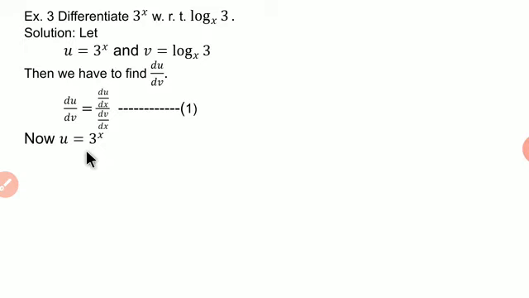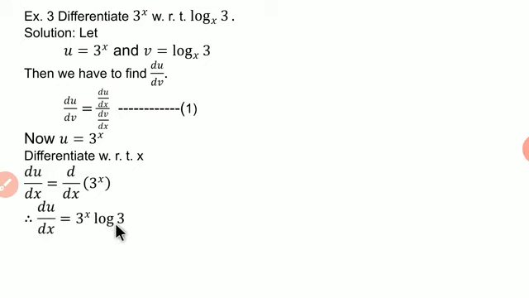Now since u is equal to 3 raised to x, differentiating with respect to x, we get du upon dx is equal to d by dx of 3 raised to x, and it is equal to 3 raised to x log 3. Also v is equal to log 3 to the base x.